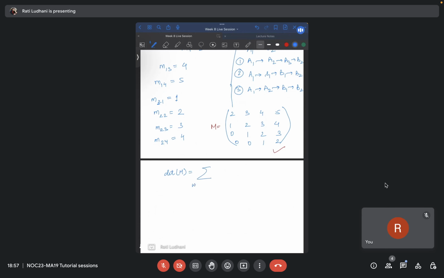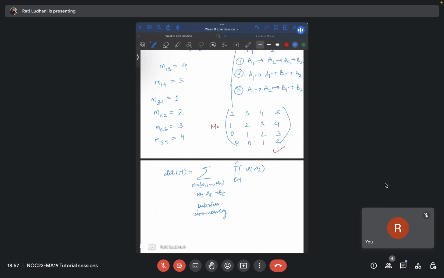You take all the omega i's, where omega i is A i to B i, and this is pairwise non-crossing. And here you have a product of the weight of omega i from 1 to n.